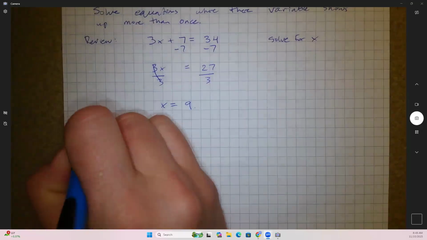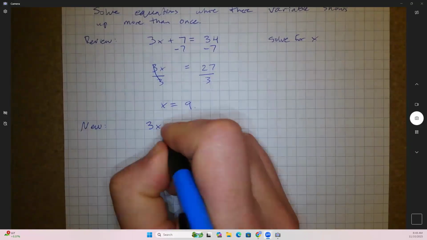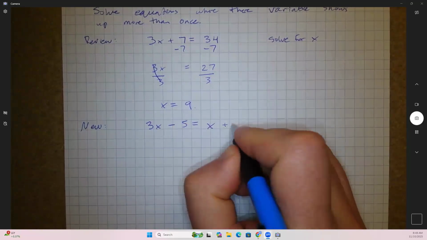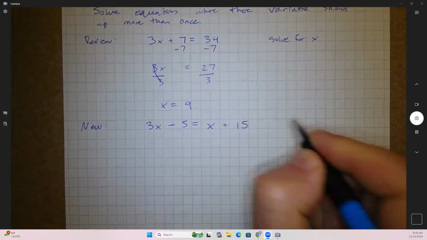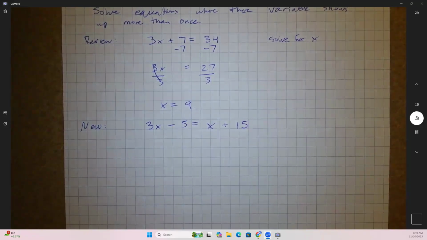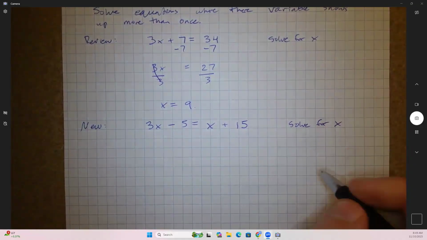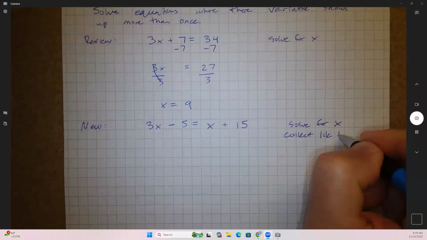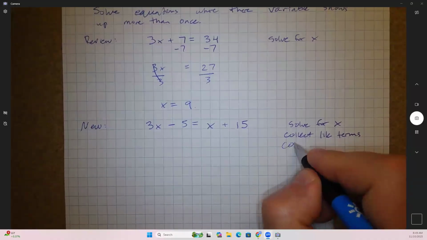Well, what if I have x's showing up more than once? What if I have 3x minus 5 equals x plus 15? If you have to solve for x, the first thing you do is you collect like terms, which specifically really means collect all the x's.